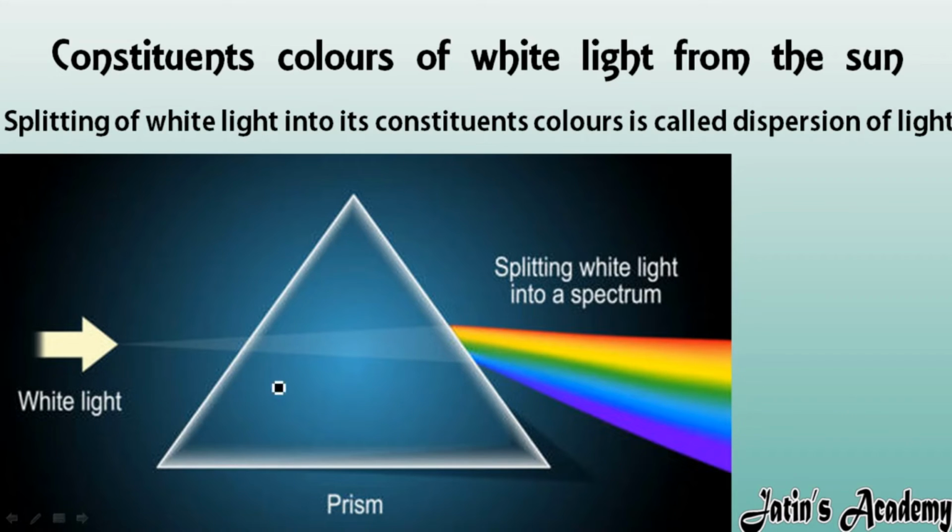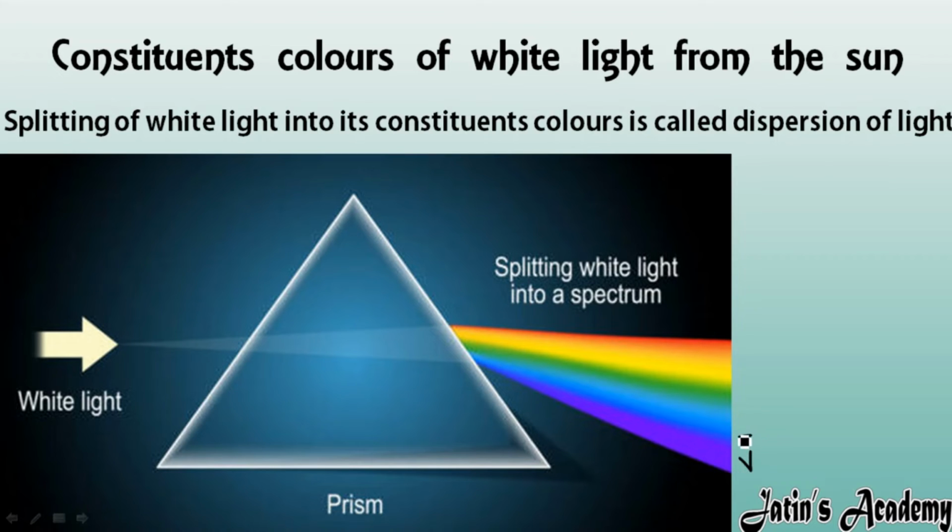The prism splits white light into its 7 constituent colors, and this process is known as dispersion of light. These 7 colors are VIBGYOR.